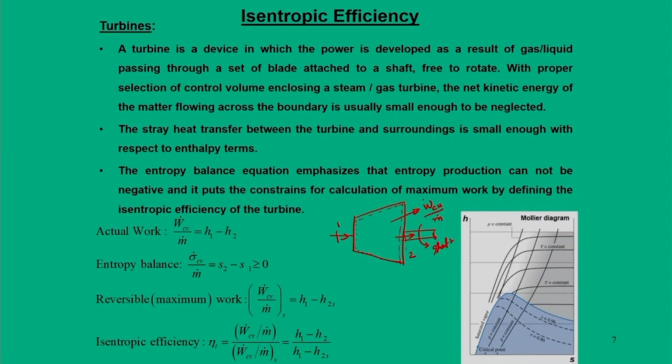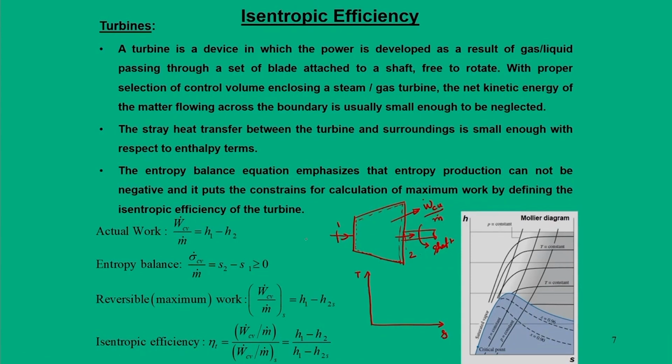So, the system undergoes a change of state from 1 to 2, and this turbine process we can represent in a temperature-entropy diagram.